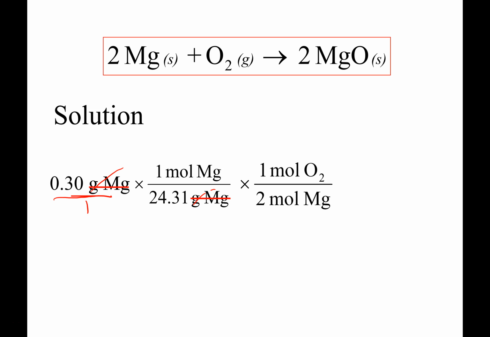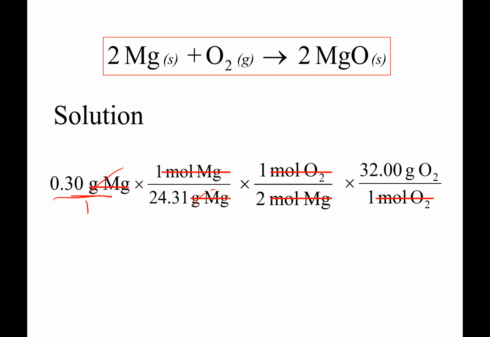Perfect. And then what does the last term look like? It's the molar mass of O2. Yeah. So, 32. Yep, very good. 32.00 grams of O2 over 1 mole of O2. Perfect. The molar mass of O2.